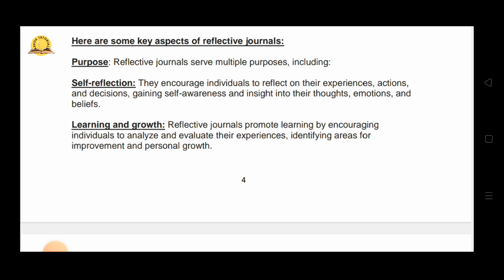Now see, if we are making a reflective journal, it will help us reflect on whatever has happened already, the good experiences, the bad experiences we had. Then the actions we perform knowingly or unknowingly, and the decisions we make. This also helps us gain awareness about ourselves. It helps us to know ourselves better, right?